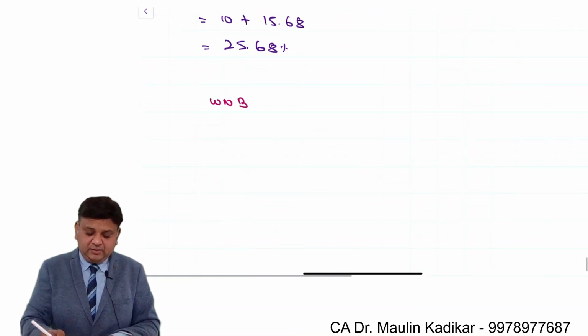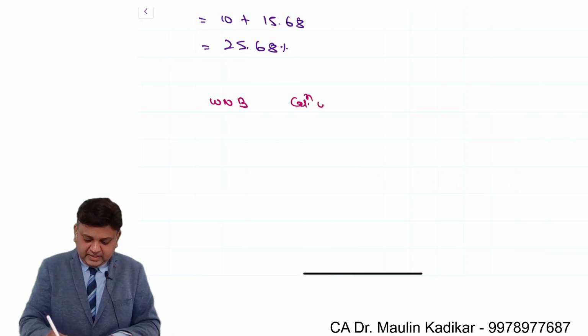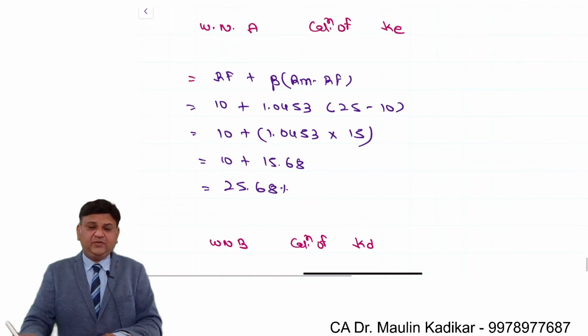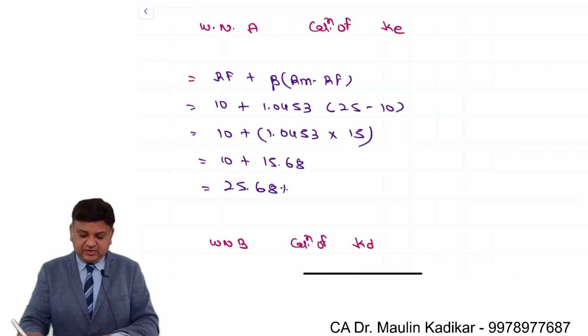Working note B, calculation of KD. Now regarding the rate of interest at which we can borrow, no information is given. So we assume that we can borrow at a risk-free rate of return.